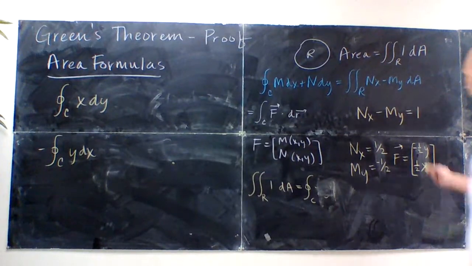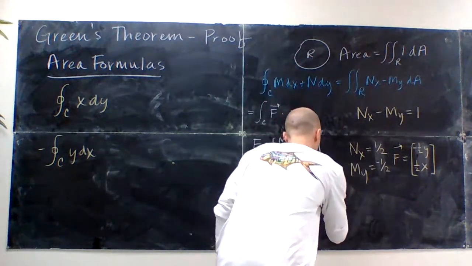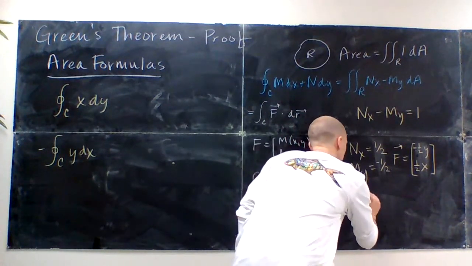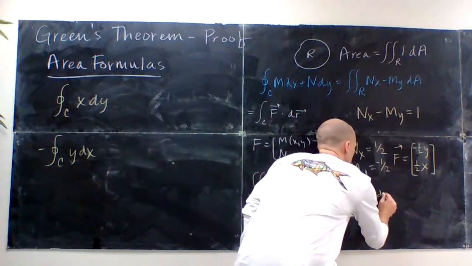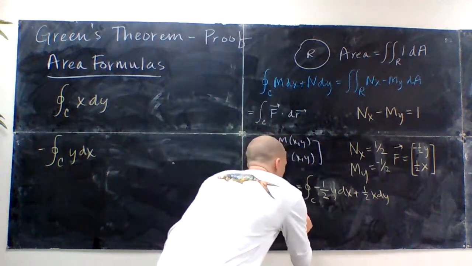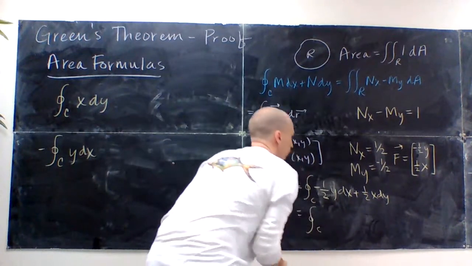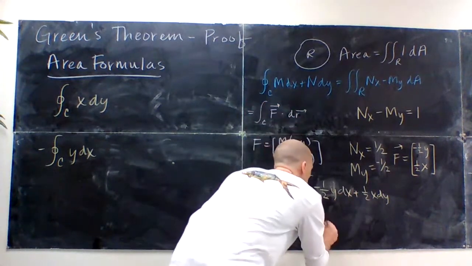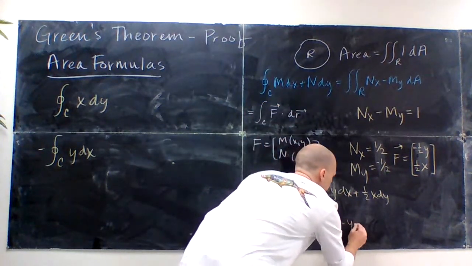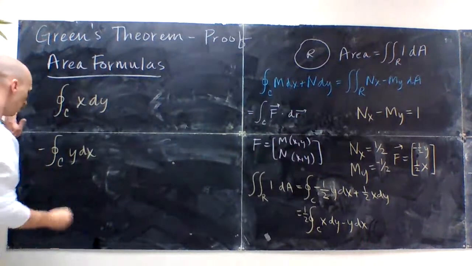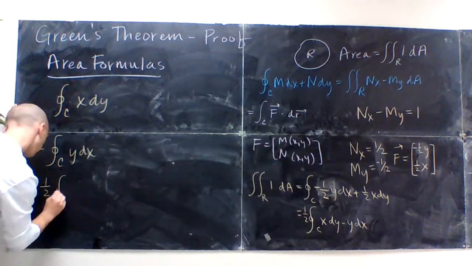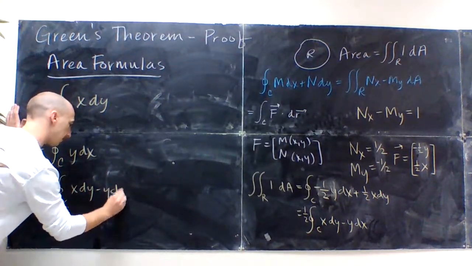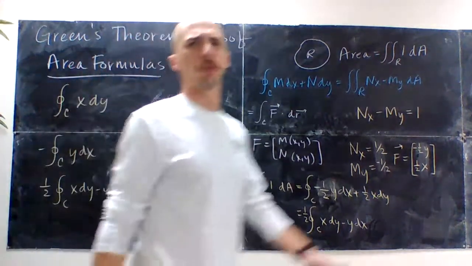So when I dot this with dr, I'll have negative half of y dx plus a half of x dy. We could clean this up and call that half of the integral over C of x dy minus y dx. So that's the third one I've got for you: x dy minus y dx. And those are our area formulas, and that's where they came from.